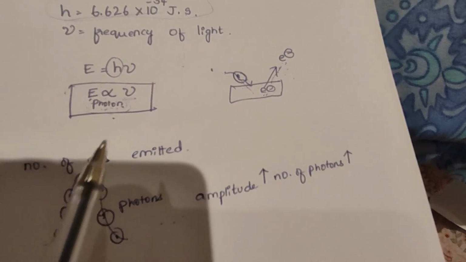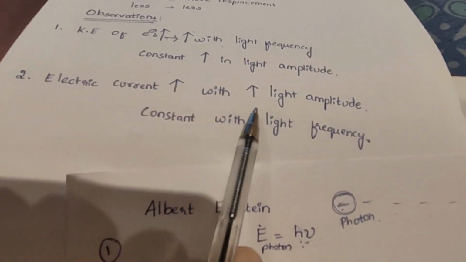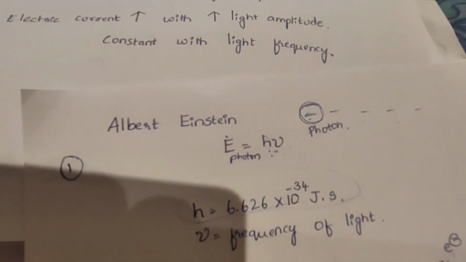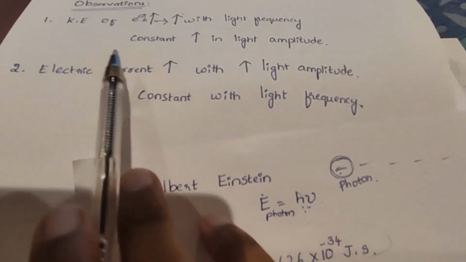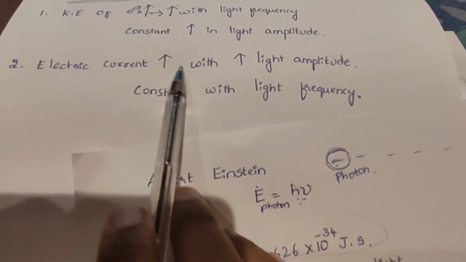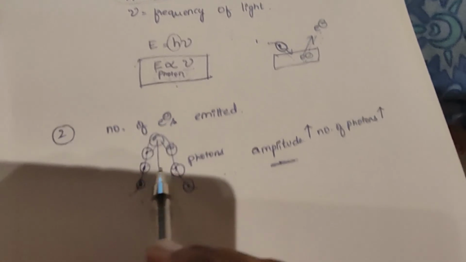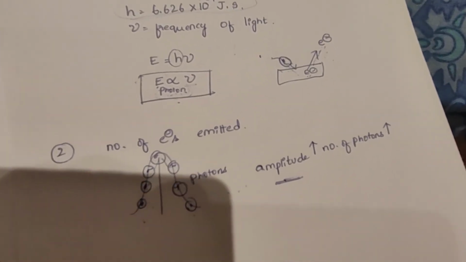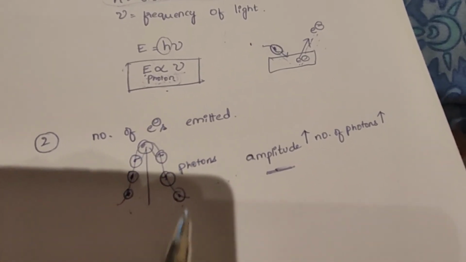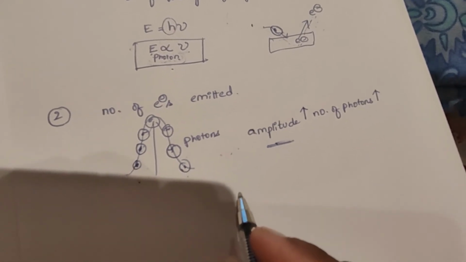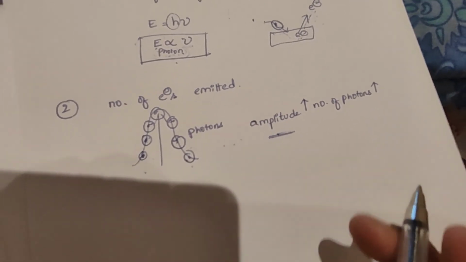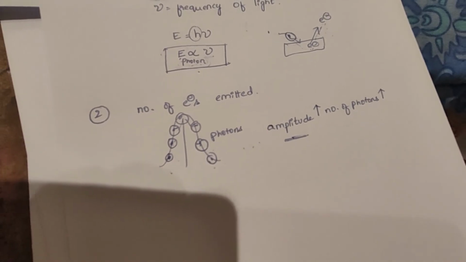Means the electric current will also be increased. So with increase in light amplitude, electric current will get increased. So the second observation can also be proved only when we consider the particle nature of electromagnetic radiations. So these are the observations.